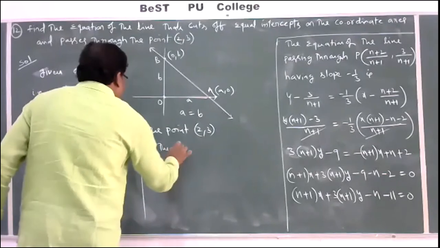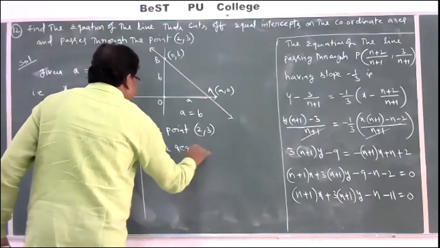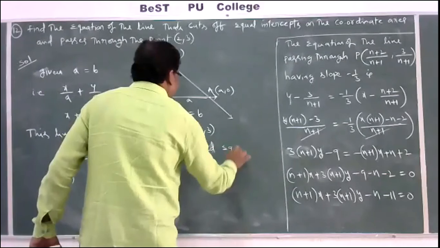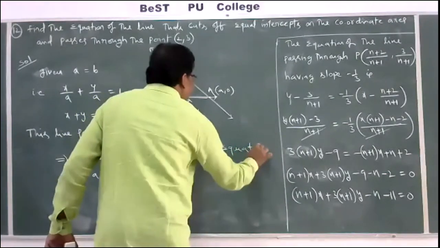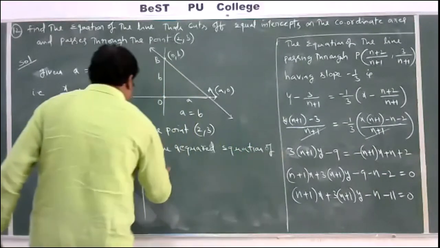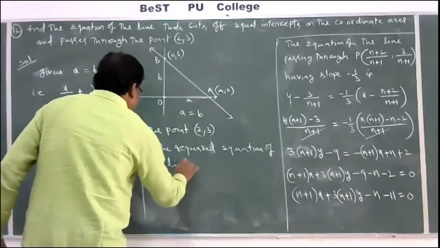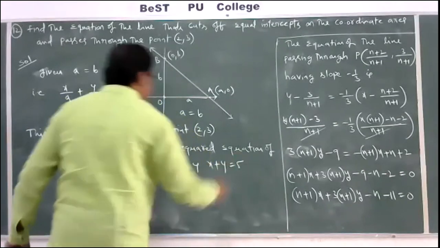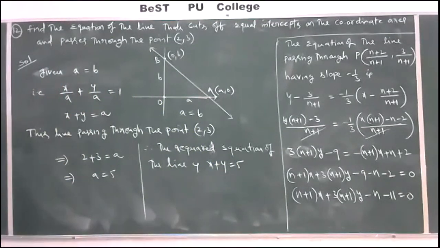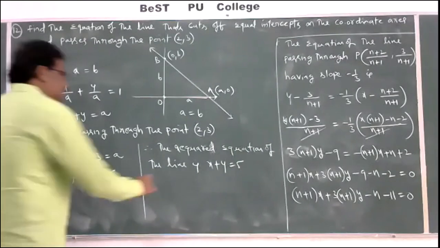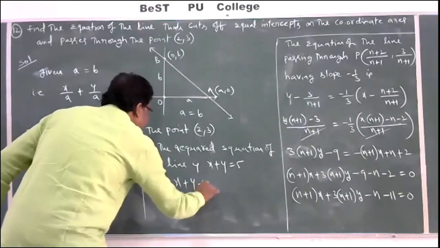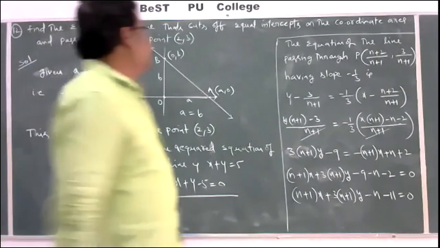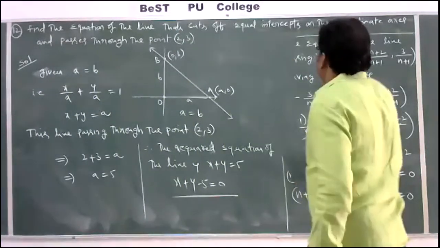Therefore, the required equation of the line is x plus y is equal to 5. That is x plus y minus 5 is equal to 0.